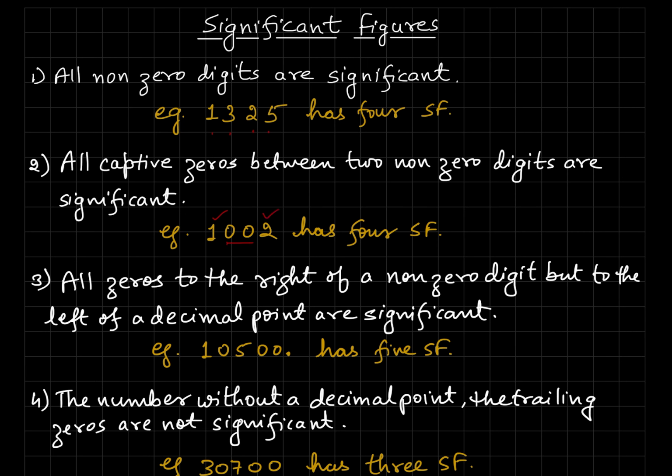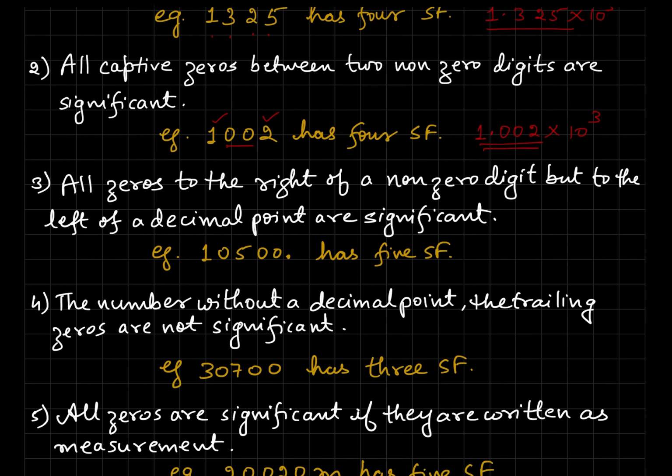So they will be counted, because if I write it in standard form, I will write it as 1.002 times 10 raised to 3. So these are all important here. Same thing here: in standard form this will be 1.325 into 10 raised to 3. That is why they are all important. We cannot ignore any digit. So, understood? Now, next is this.